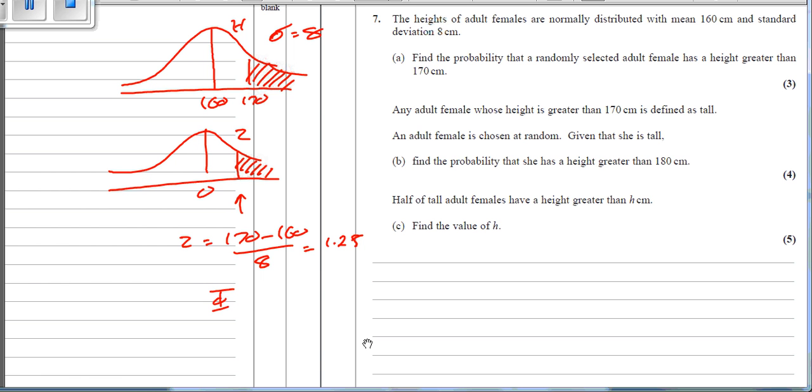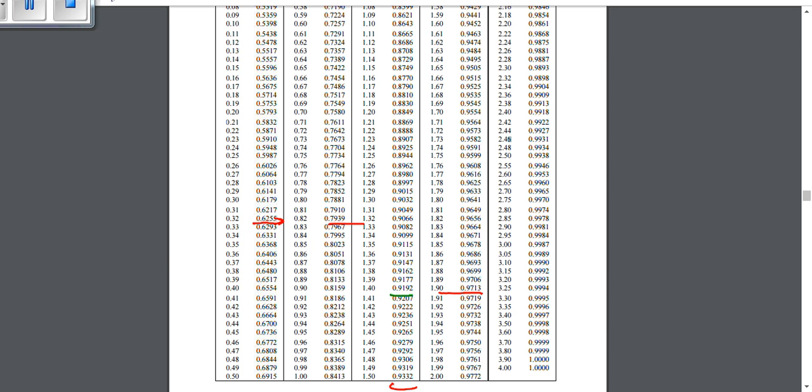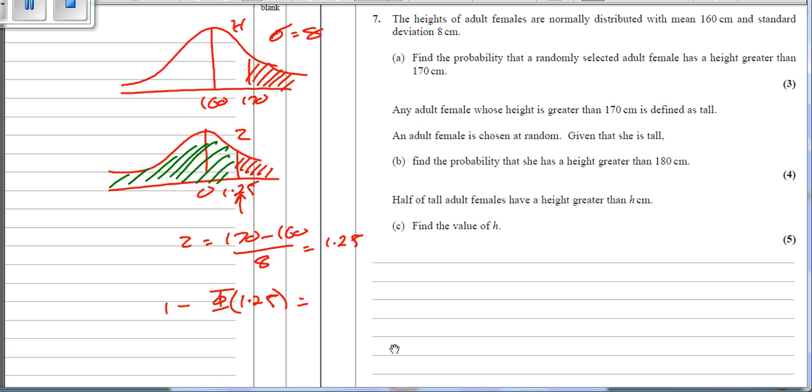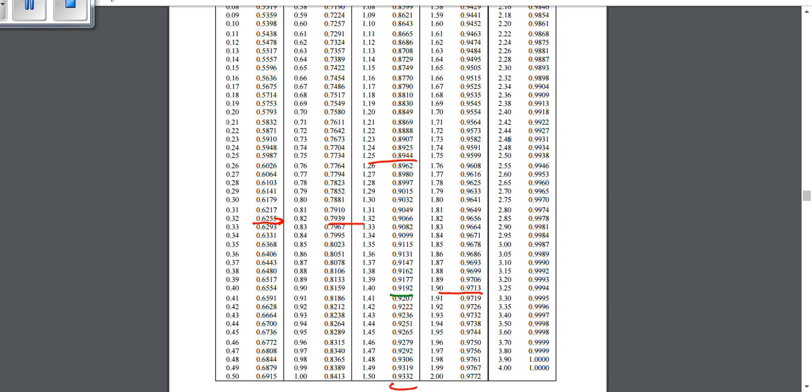Remember, if we look up phi of 1.25, that gives us this here, so we need to do 1 minus that. 1.25 gives us 0.8944, so that's 1 minus 0.8944, which equals 0.1056.